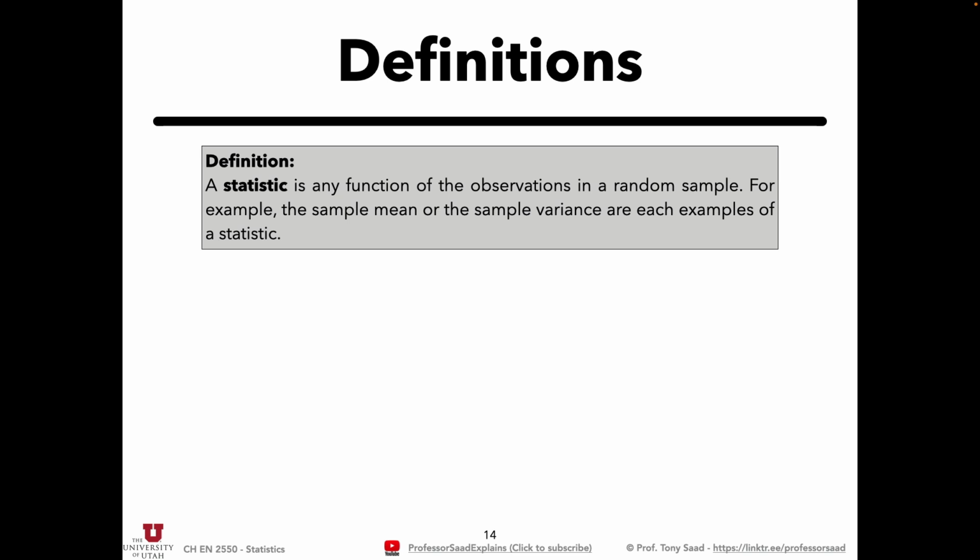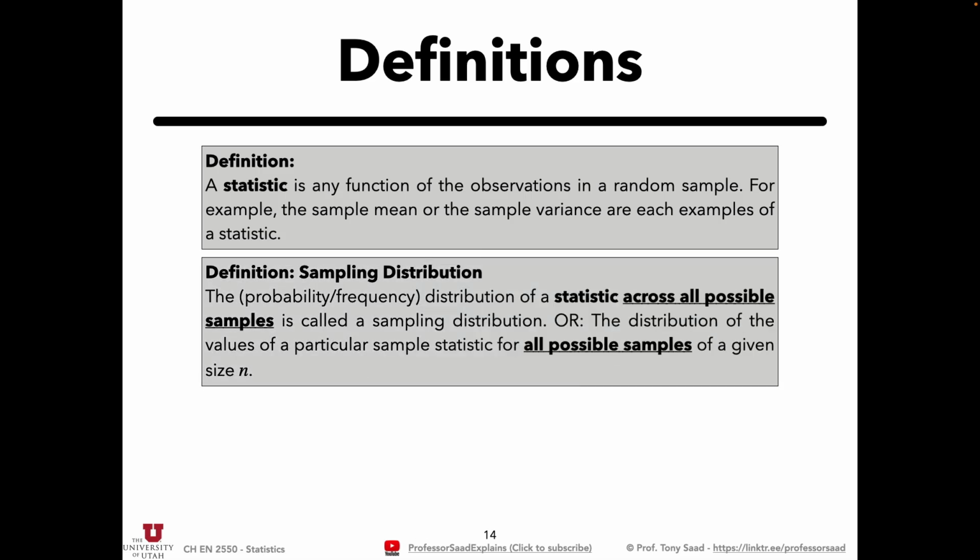In other words, if you pick a bunch of samples from a population and look at the average height of those people, or the average width of the wall in your manufacturing facility, or the average defect in the guitar necks that you're manufacturing, or the variance in those, or the quartile, any statistic on a sample is fair game when you look at the distribution of that statistic across different samples. A sampling distribution is therefore the frequency distribution of a given statistic across all possible samples.